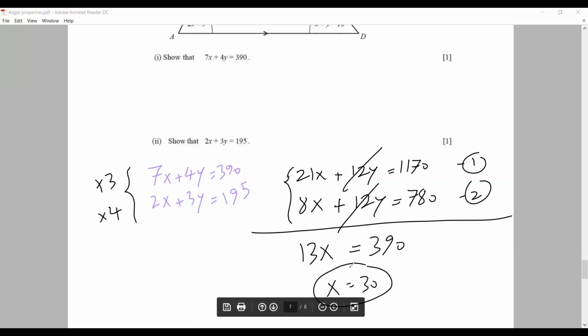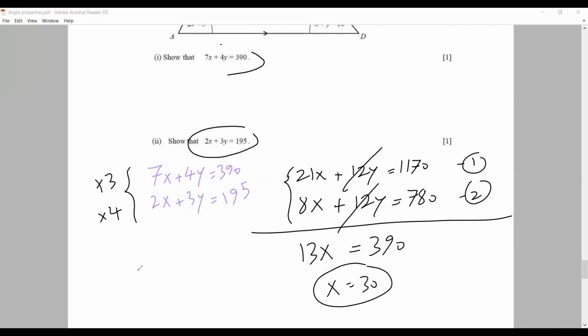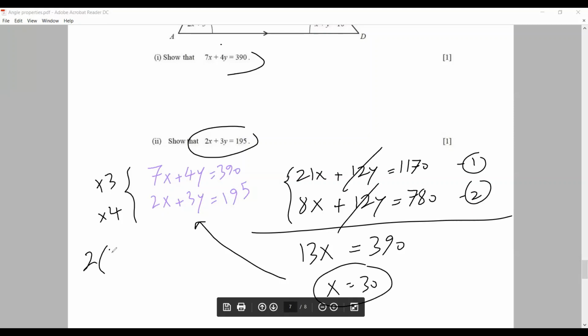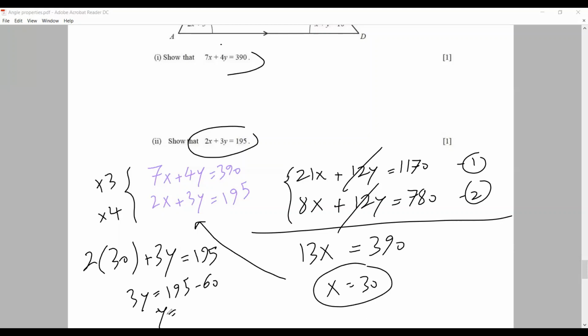So you find x, and then you go back to the original equation, either this one or this one. I think here is a better choice. So 2 times 30, we do that to find the other unknown, which is y. So 3y is equal to 195 minus 60, and y is equal to 135 divided by 3, which is 45. So y is found to be 45.